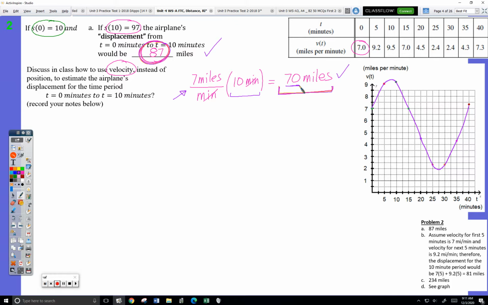There is a very simple way to use velocity to find displacement and get a more accurate answer. You can say, okay, well, since the velocity clearly isn't 7 for the entire 10 minutes, let's just assume the velocity is only 7 for the first 2.5 minutes.